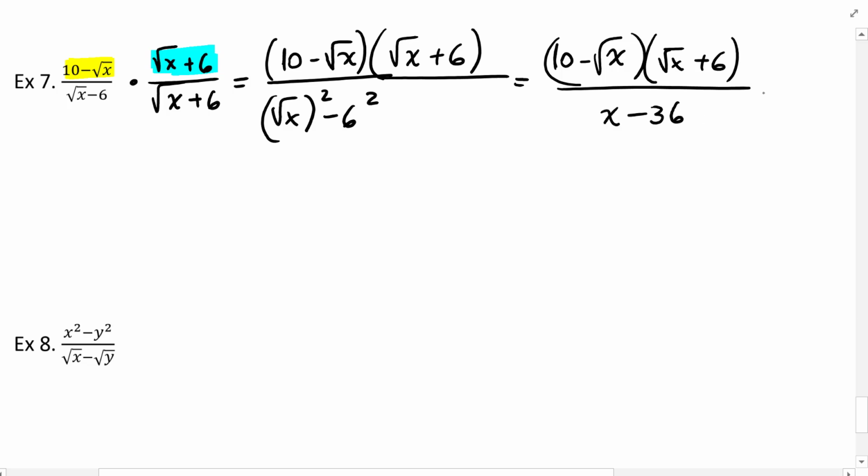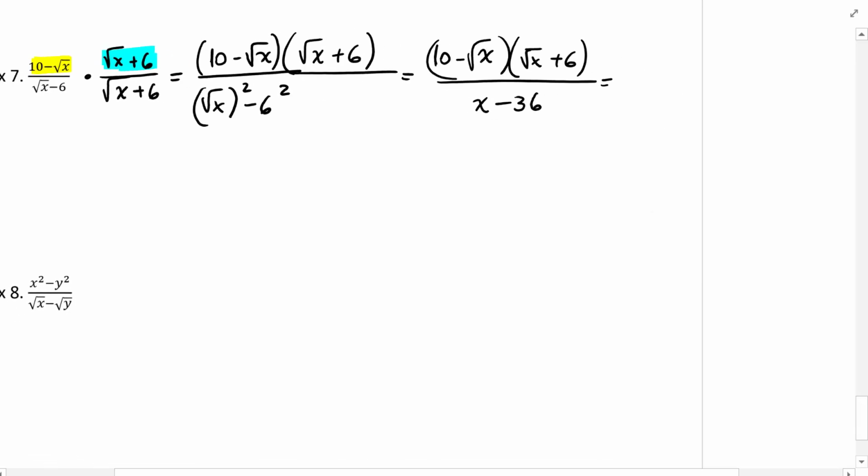It seems like I don't have common factors. We can multiply if we want at the top, but we cannot get a better answer. So if I multiply, I would get 10 square root of x plus 60 minus x minus 6 square root of x, over x minus 36.